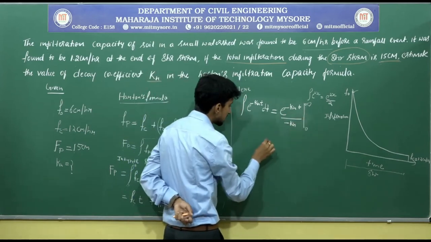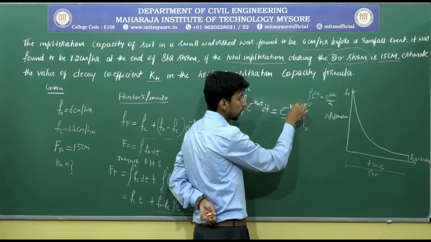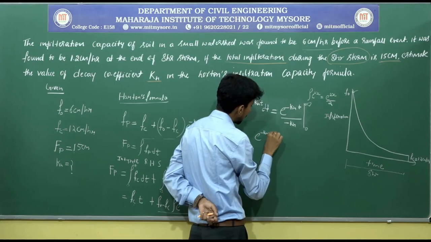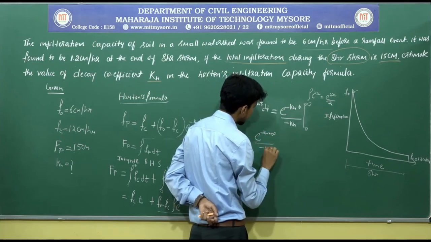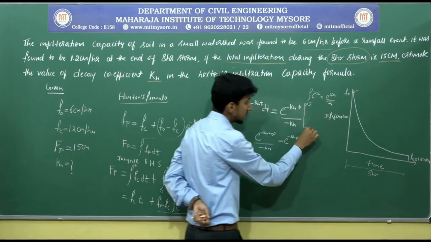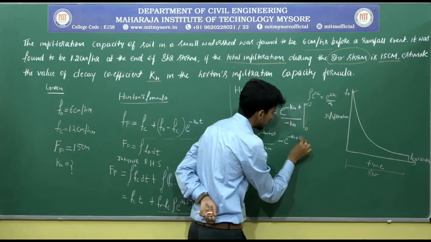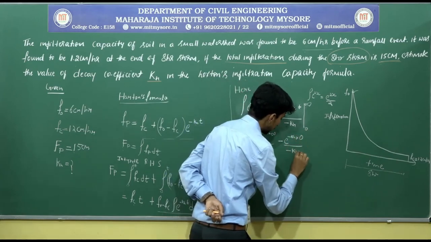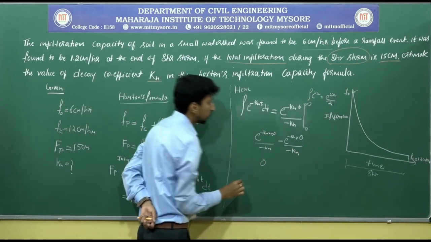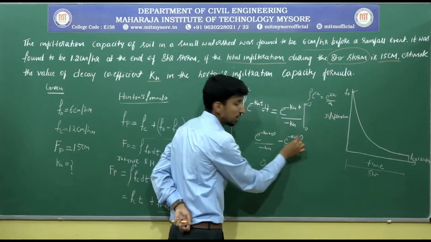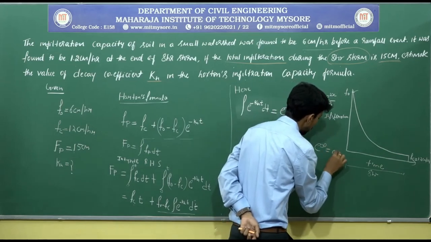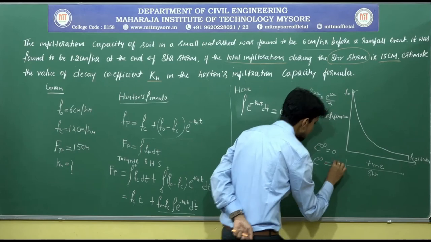Now substitute the value of infinity and 0 with respect to time t. E power minus kh into infinity by minus kh, minus e power minus kh into 0 by minus kh. What happens? E power infinity value is 0 and e power 0 value is 1.